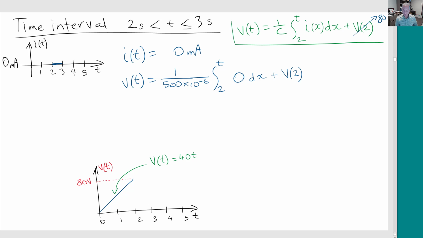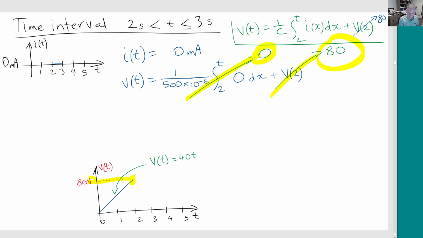And then, when we calculate v of t using the equation, we see that the integral term goes to 0, v of t goes to 80, and we know it's 80 because that's what we found in our previous piece that we analyzed. We found that point, right?